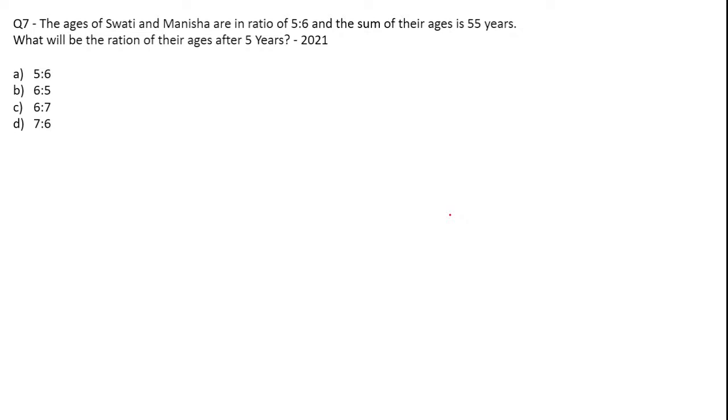So next question is, the ages of Swati and Manisha are in the ratio of 5:6 and the sum of their ages is 55 years. What will be the ratio of their ages after 5 years, we have been asked. So Swati's age upon Manisha's age is 5:6 and the sum of their ages is 55, so s plus m is 55.